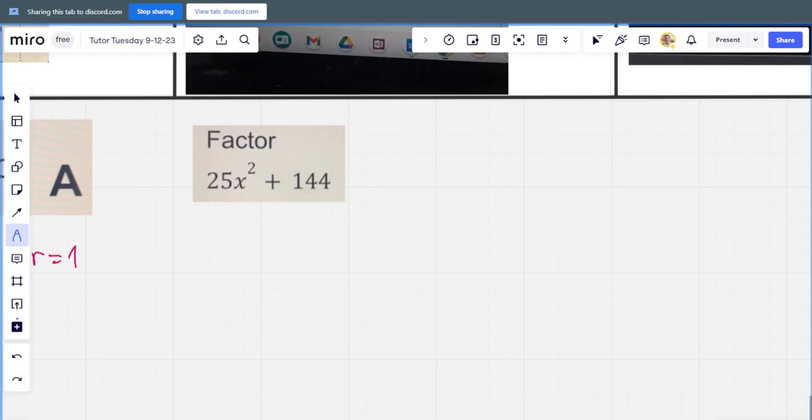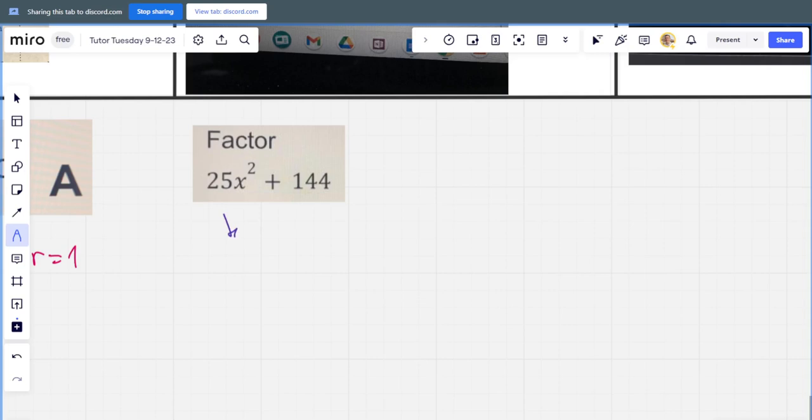What I would do is factor out. I see these are perfect squares actually. So what I would really do is factorize this as a perfect square, 5x plus 12 squared. And oh wait, that wouldn't work because you'd get some terms in the middle that we would have to take out.